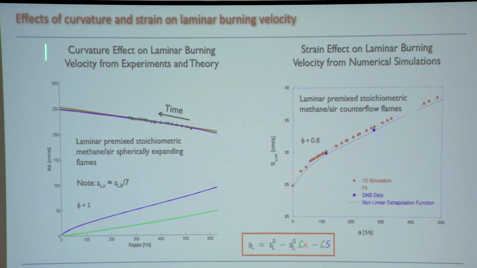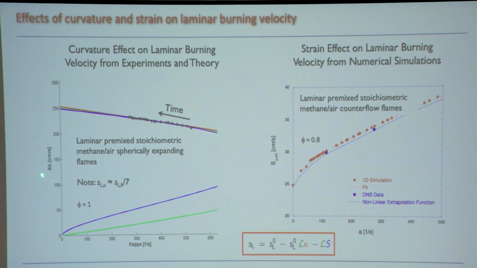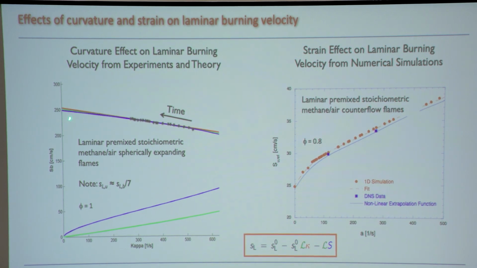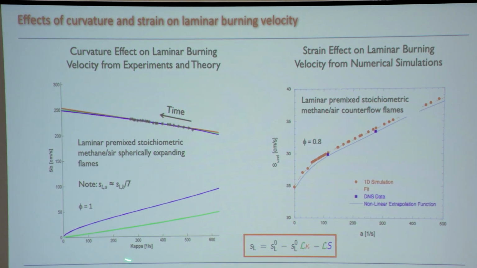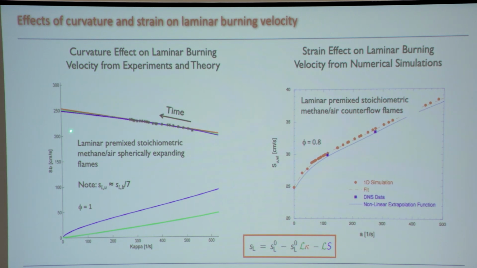So this is the burning velocity, in this case with respect to the burned. That's why this value here is so high. And with respect to the unburned, it is about a seventh of this, as I mentioned earlier. So then you're back to the values here of roughly 40, 50 centimeters per second we discussed earlier.